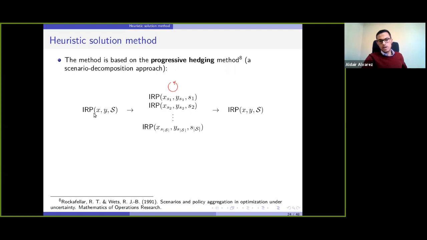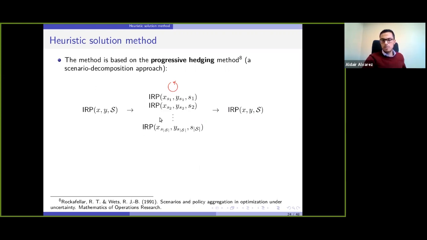So given the inventory routing problem with this set of scenarios, we basically relax the non-anticipativity constraints. So we decompose the inventory routing problem in independent problems for each scenario. So we have S problems here. And notice now that the first stage variables, they are scenario dependent, which do not satisfy the initial problem.